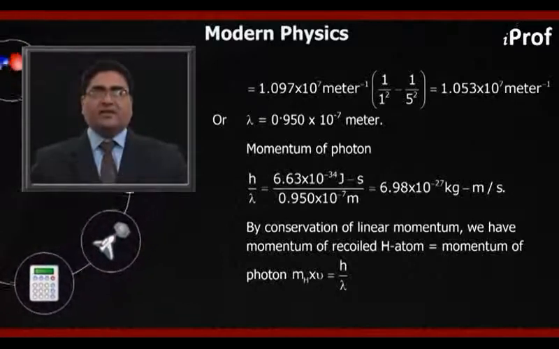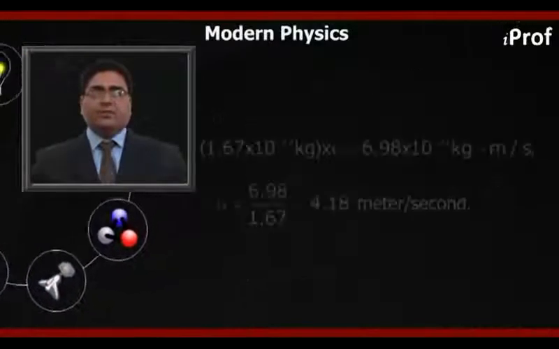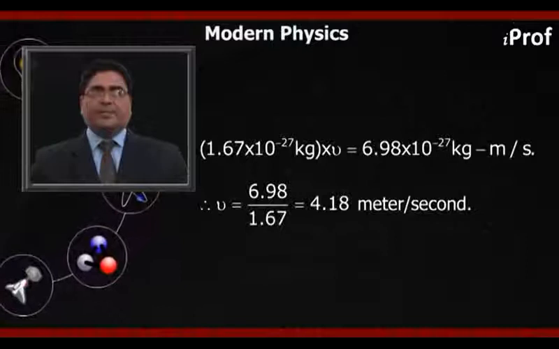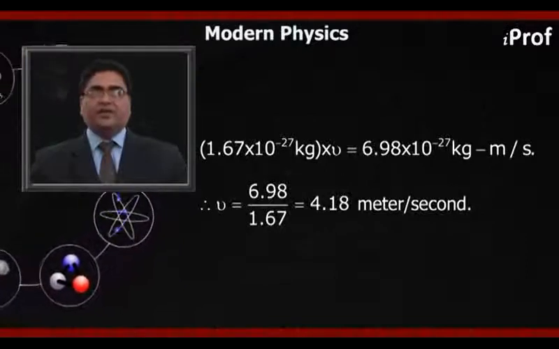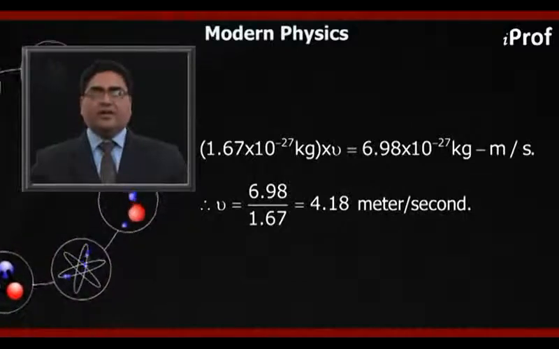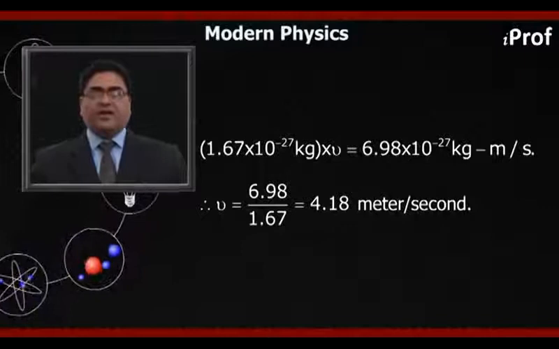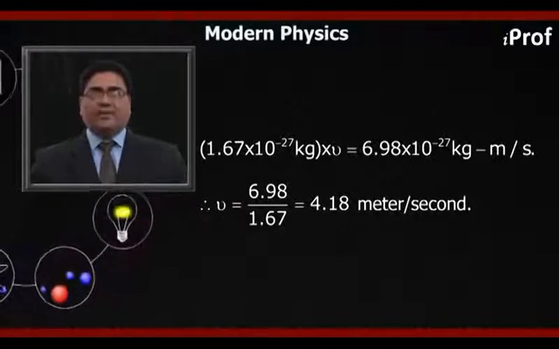Mass of hydrogen into velocity equal to h upon λ, or 1.67 × 10^-27 into V equal to 6.98 × 10^-27. Therefore, V equal to 6.98 upon 1.67 equal to 4.18 meter per second.